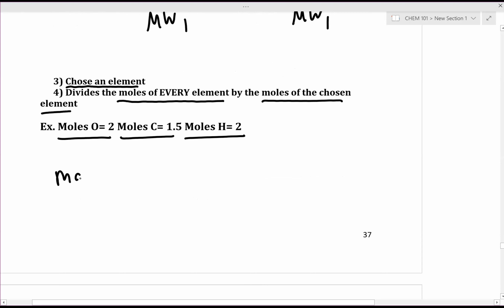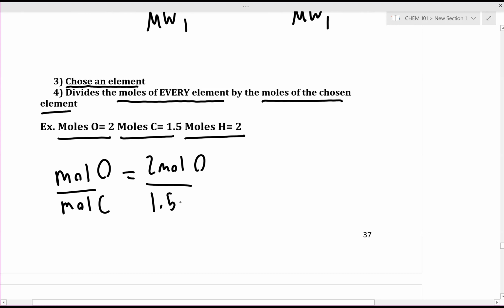So let's take the moles of oxygen over the moles of carbon. We have 2 moles of oxygen over 1.5 moles of carbon, and that in turn gives us 1.33 moles of oxygen for every 1 mole of carbon.